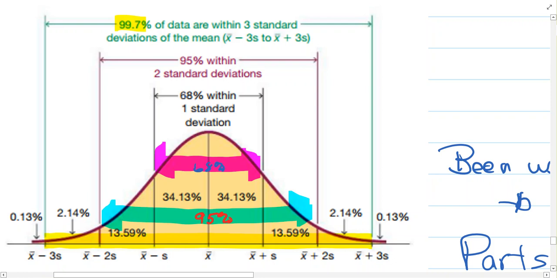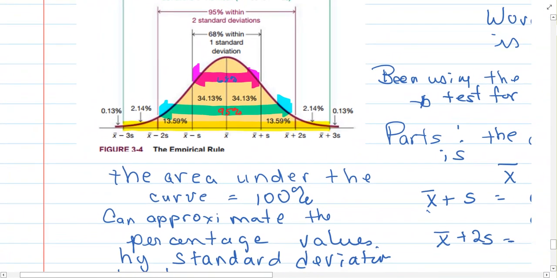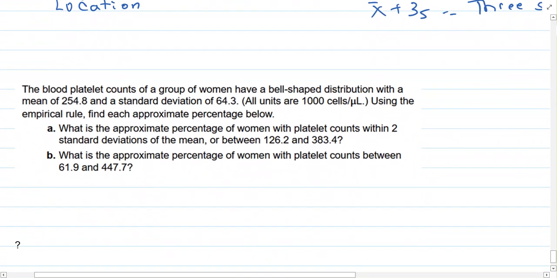Now you can have partial amounts of these. We're just going to divide the 68, the 95, the 99.7 into whatever amounts we need. But I got this off the internet. All right, so let's look at our problem.